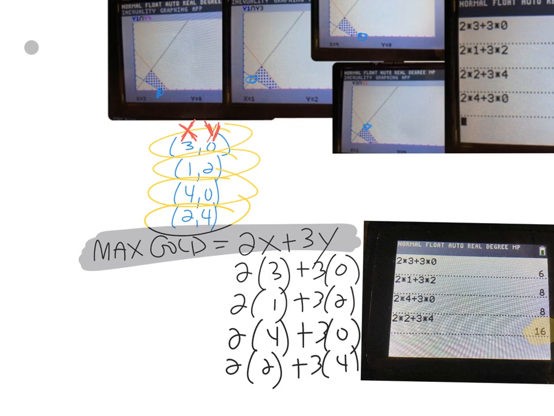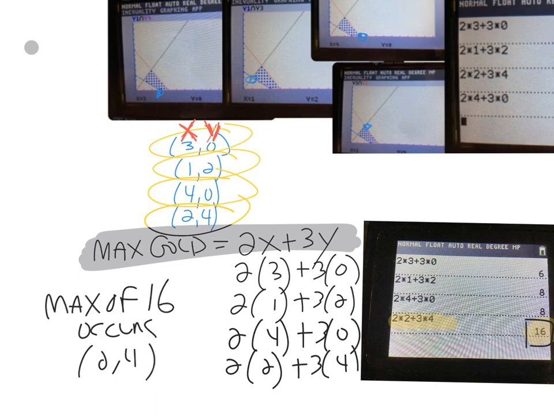So it looks like here the maximum value that we get is 16. So the maximum of 16 occurs at this vertex, the vertex 2, 4. So what does that mean?